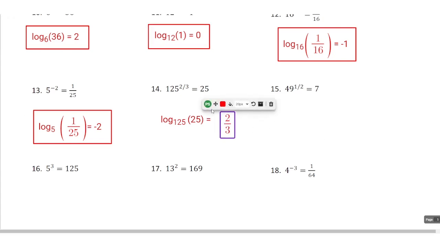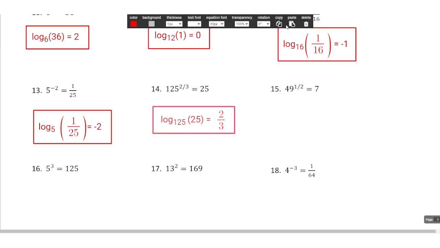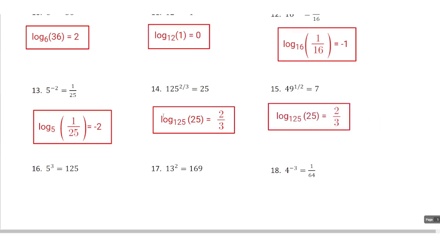Number 15 looks very similar to number 14. In fact, the answer will have the same sort of structure here. And so I'm going to copy and paste my answer from number 14 over to 15 and change the numbers so that they match what I actually have. So here the base is 49.